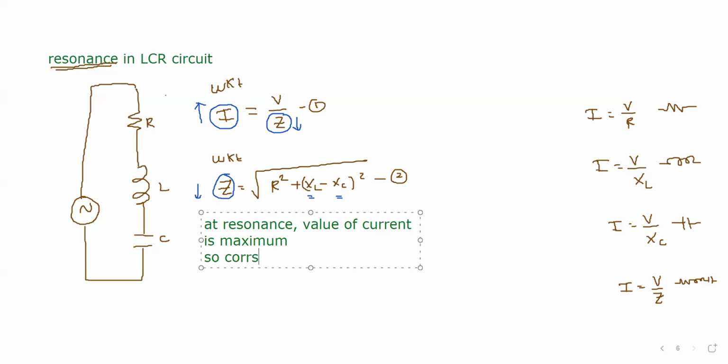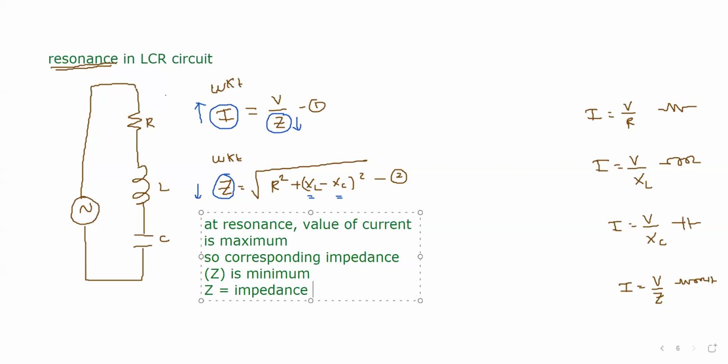So, corresponding impedance, that is called Z, is minimum. Impedance, collective resistance, is minimum only if XL value is equal to XC value.